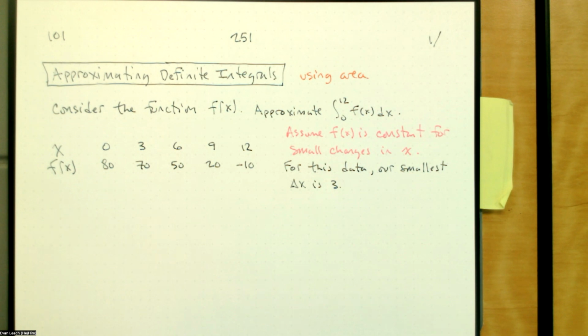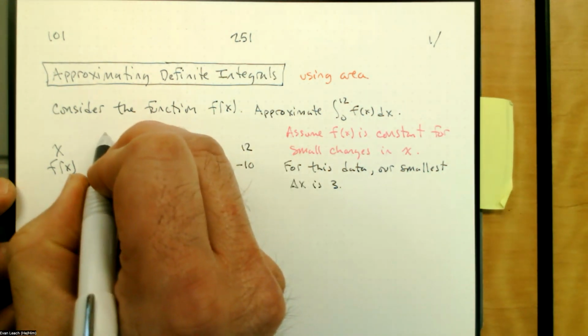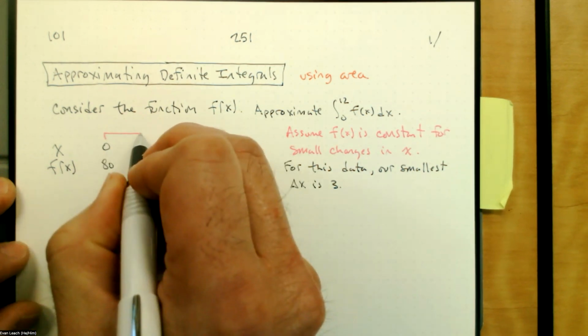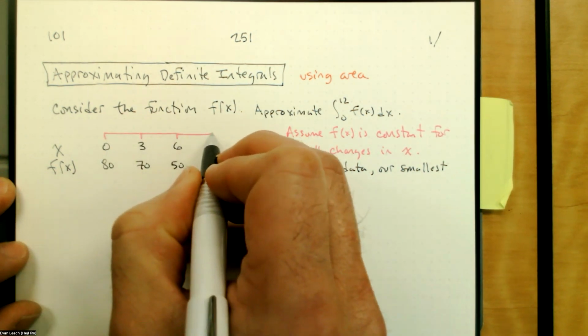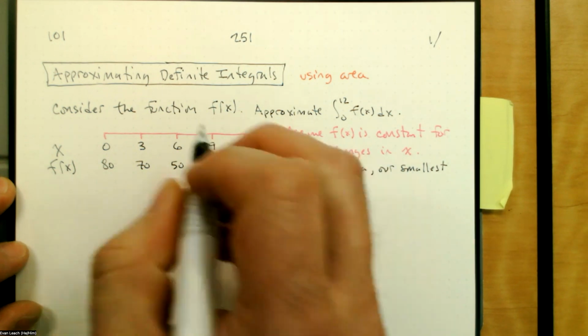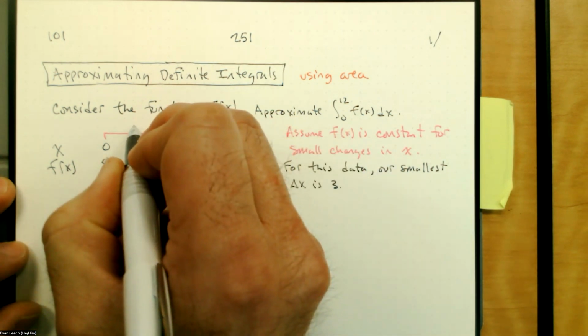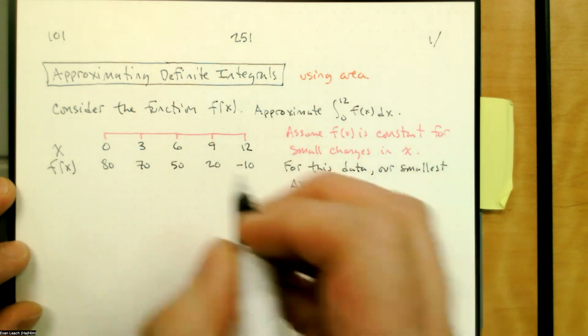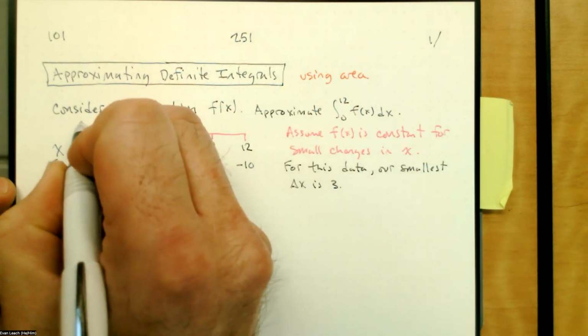So I could look at this as with a delta x of 3, I can have n equals 4.